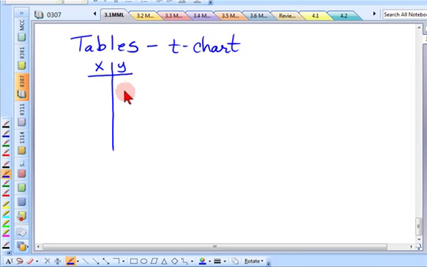So a T-chart or a table can hold an ordered pair, an X comma Y. What they ask of you is they give you a 0 and they want you to fill in the Y. They give you a 4, they want you to fill in the Y. And they give you a -1 in the Y, and they want you to fill in the X.